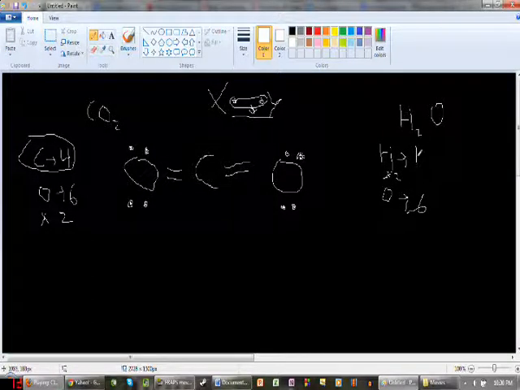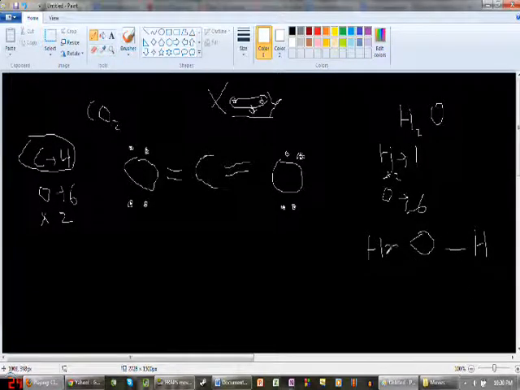Oxygen is going to be the central ion because it has the most valence electrons, and it will be flanked by hydrogen. So 1 bond here, 1 bond here. Each hydrogen shares its only one, and oxygen shares 1 and 1, and then is left with 2 lone pairs of electrons.